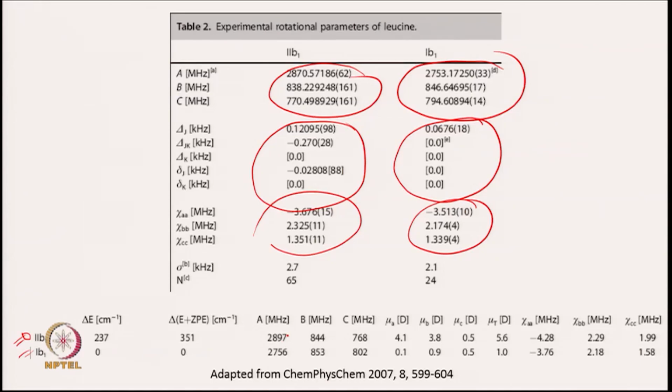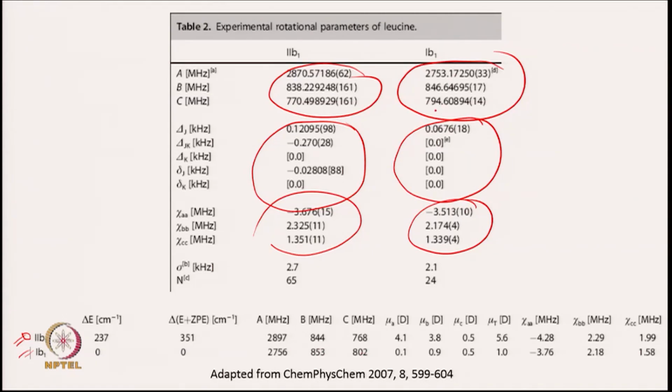For 2B1, A is 2870, B is 844 or 838, C is 768 or 770, and for 1B1, A is 2756, B is 853 and C is 802.